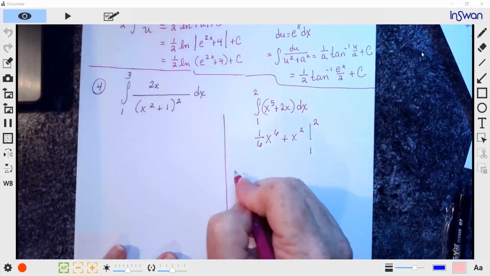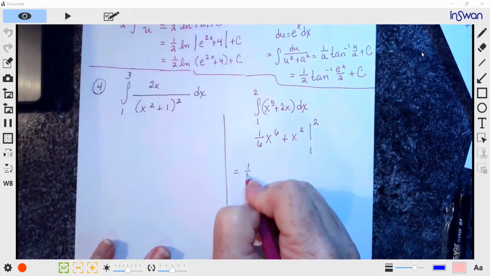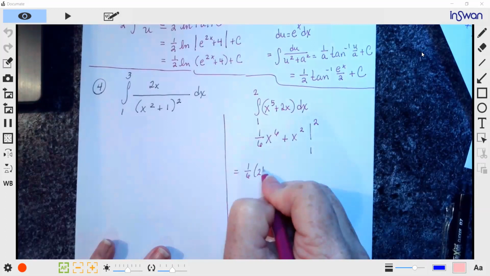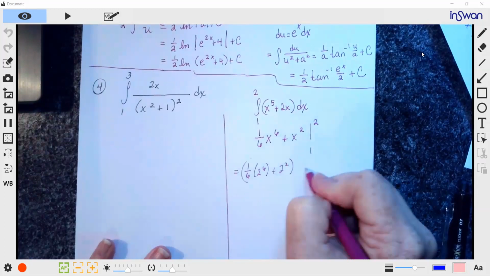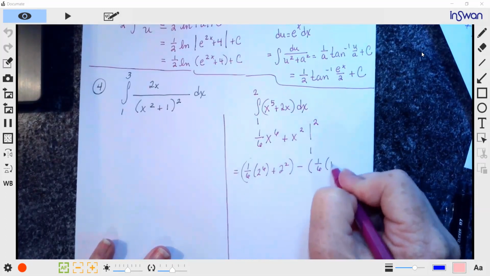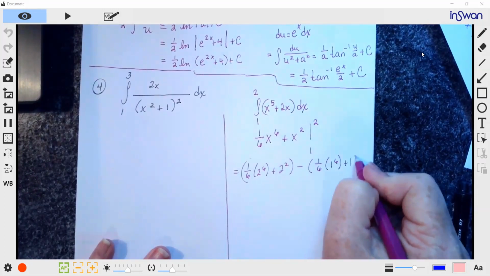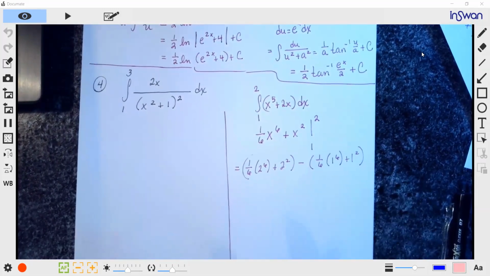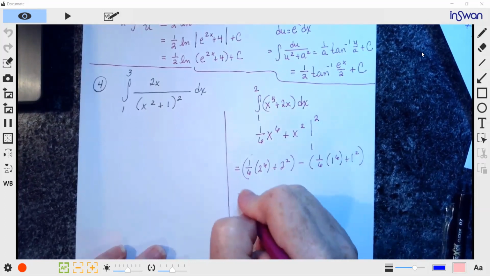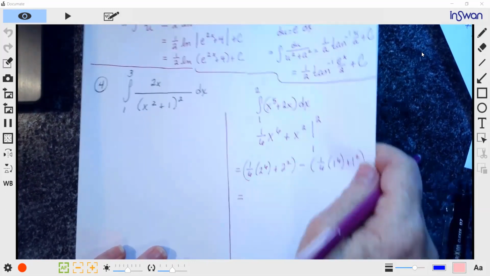So we plug in the top limit and subtract what we get when we plug in the bottom limit. Now remember, it's always plug in the top limit and subtract what you get when you plug in the bottom limit, never the reverse, because you'll always get the opposite sign when you do it in the opposite order.